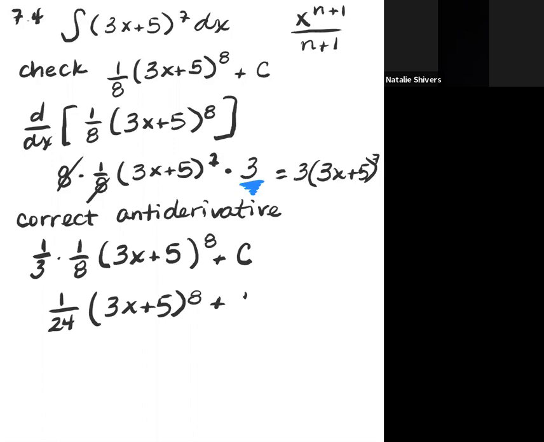You can take the big parentheses and put it over 24. That's totally fine.